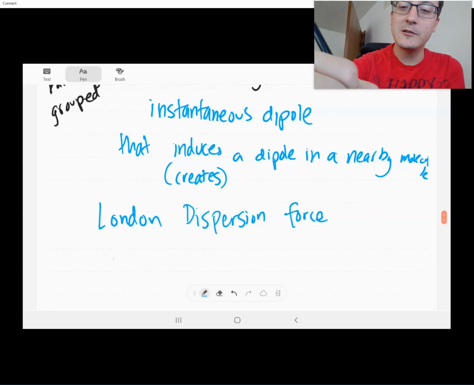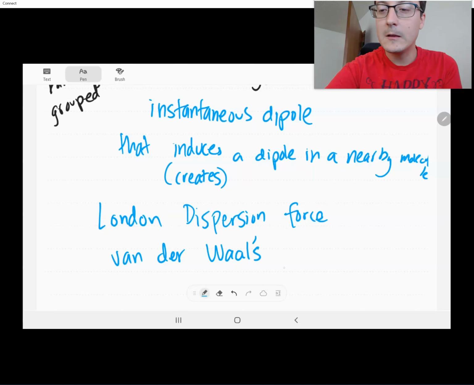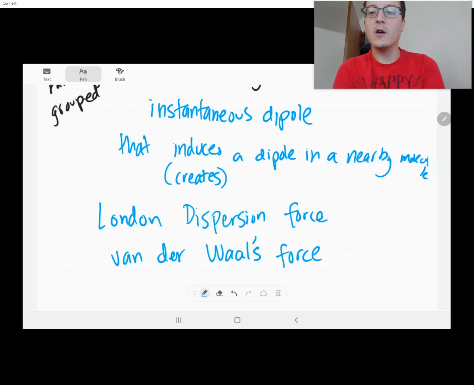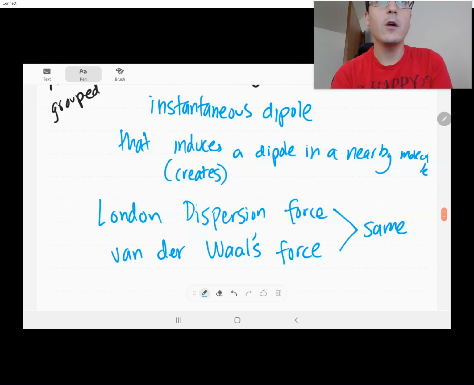This is also called Van der Waals forces. They're the same name. I know this is a bit strange, but this can work.